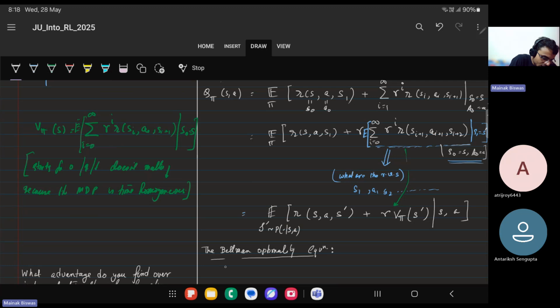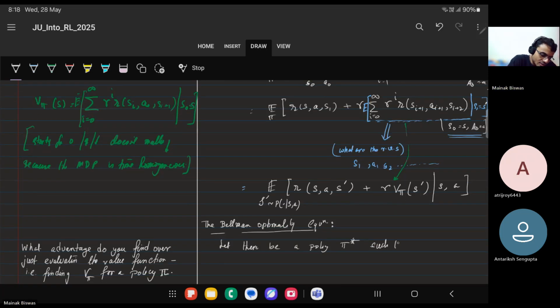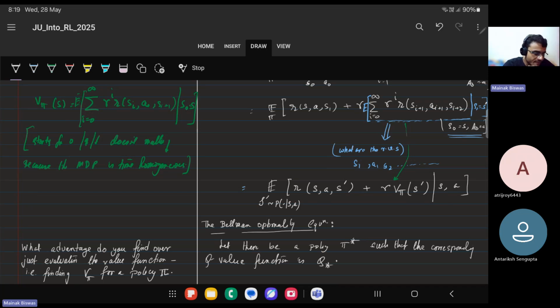Let there be a policy pi star such that the corresponding value function is Q star, or the Q value function is Q star.